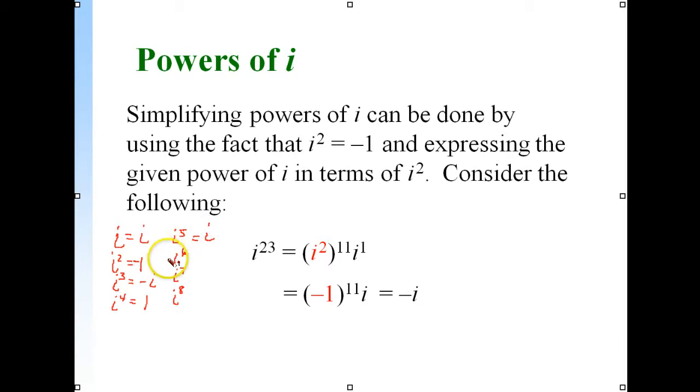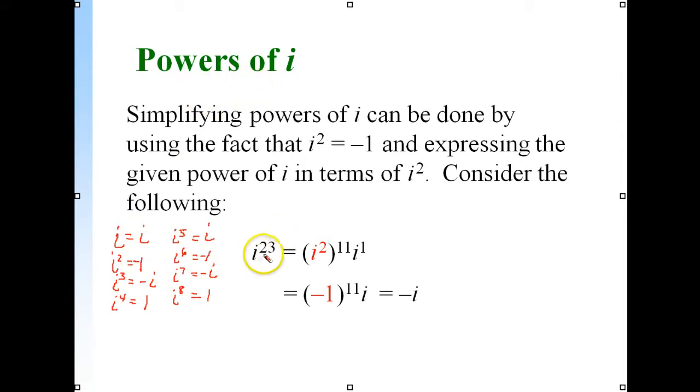This is 1 times i to the second, and i to the second is negative 1. 1 times negative 1 is negative 1. And then it repeats. This is going to be negative i, and this is going to be 1.